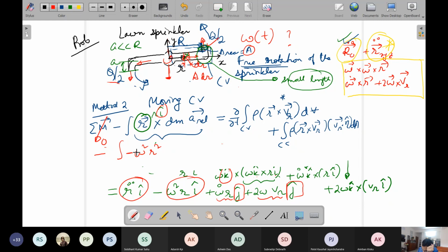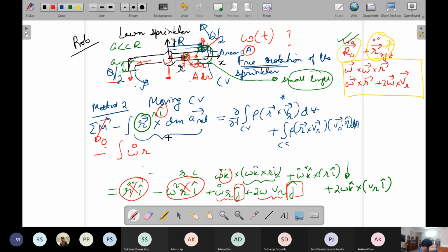Oh sorry, this term was 0, mistakenly. So this is not there. So let us just for clarity cross this. So I cross j is k. So omega dot r, I cross j is k.